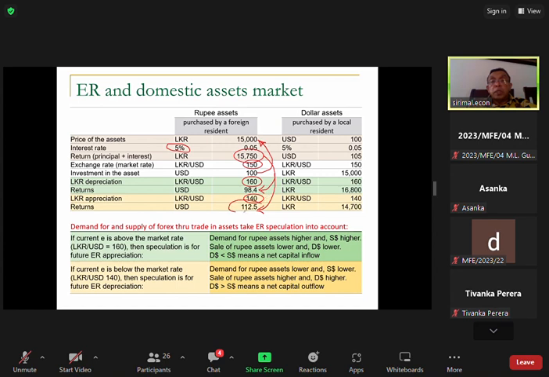So altogether, his return would be 112.5. Now, if you look at the local residents' investment in foreign assets, that is this one, you will see exactly the opposite. So you can do it later at home. But now this is the case, and explanations are given here.